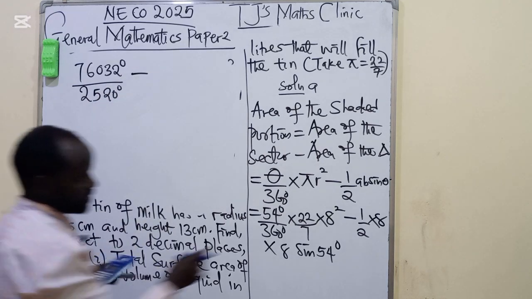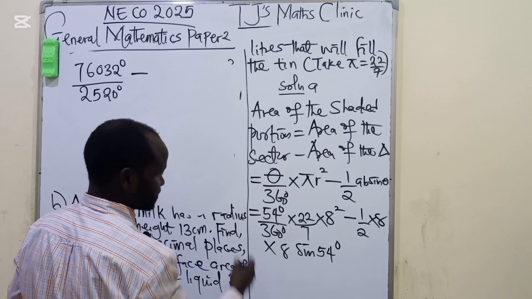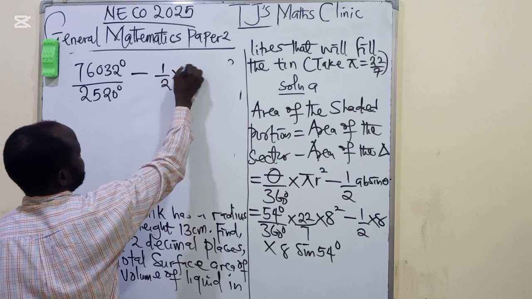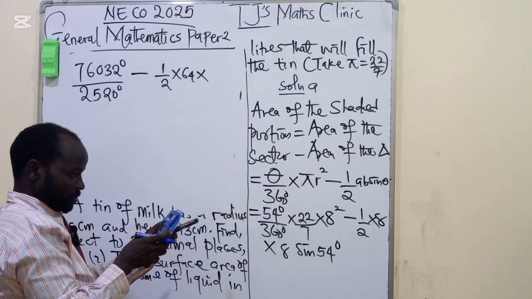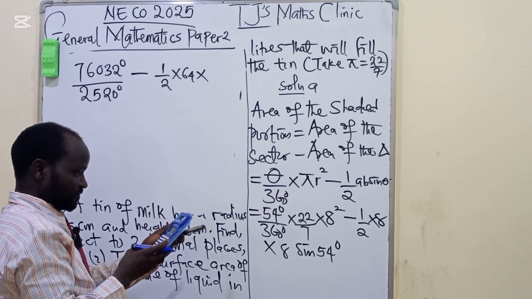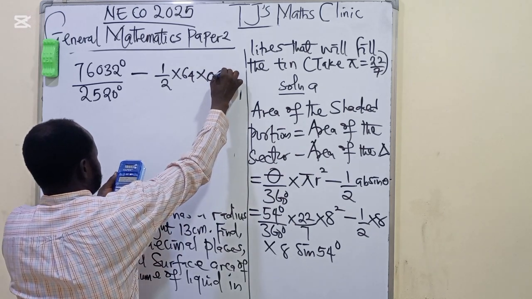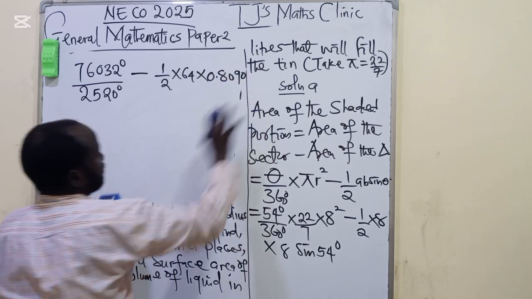minus half multiplied by 8 times 8. First of all, it will be half times 64 multiplied by sine 54. Make sure that your calculator is in degrees. Sine 54 is 0.8090 to 4 decimal places.